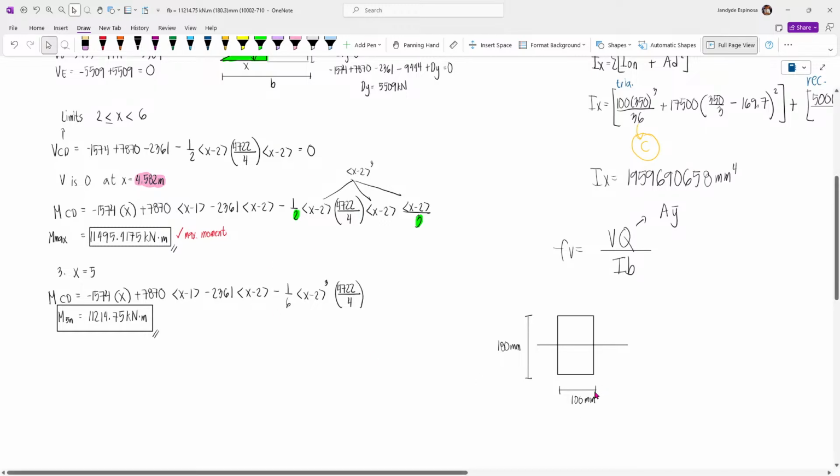Now, di ba, area barred Y ang Q. Ang B, ang base nga pinakaduol sa neutral axis. Ang I is the moment of inertia of the whole section. Ang V kay ang shear sa imong point of interest.